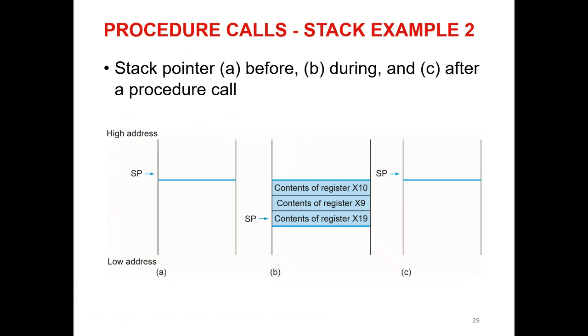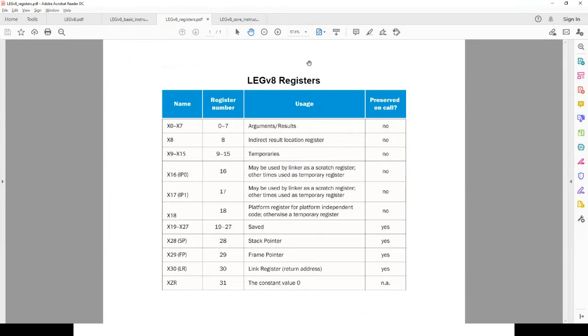Let me show you. When you see here preserve on call, it means preserve on a procedure call. It means that the content of those registers is going to be the same once I call a procedure and the procedure returns back.